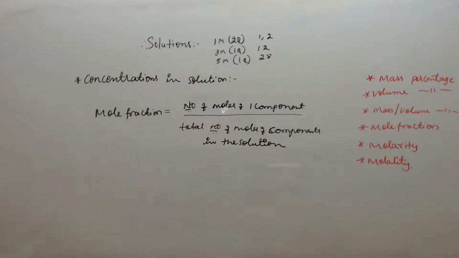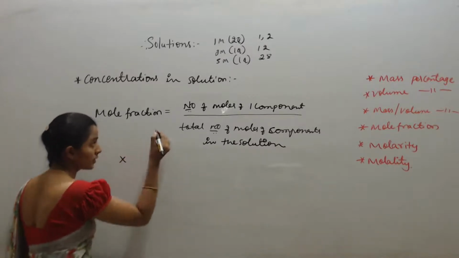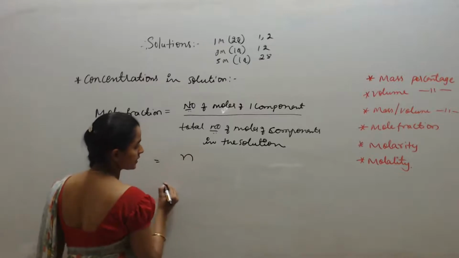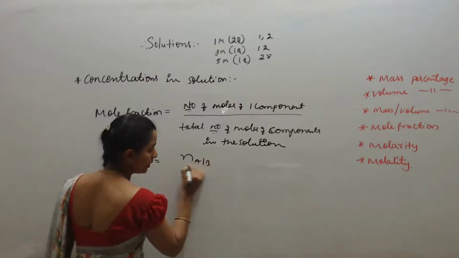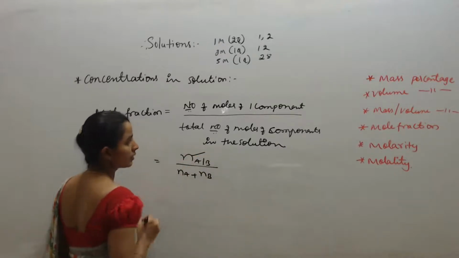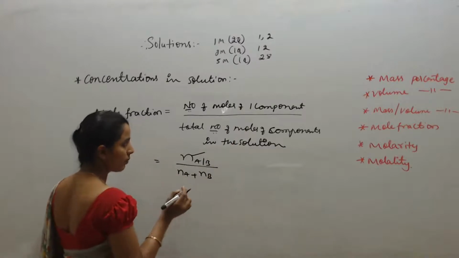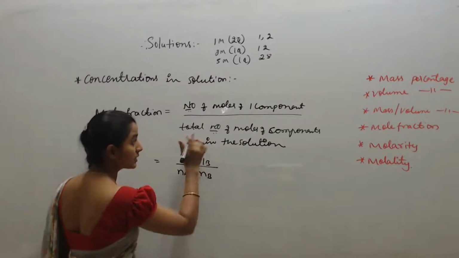Here, mole fraction is represented by X. The number of moles is represented by N, with A or B, and the total is Na plus Nb. N represents the number of moles, A or B represents any one of the compounds, and Na plus Nb represents the total number in the solution.